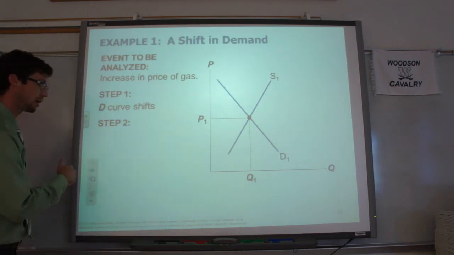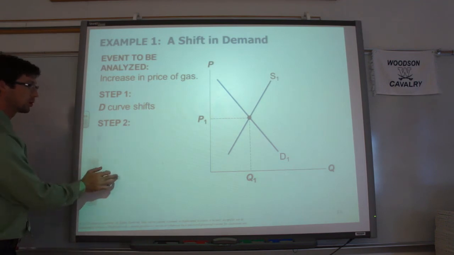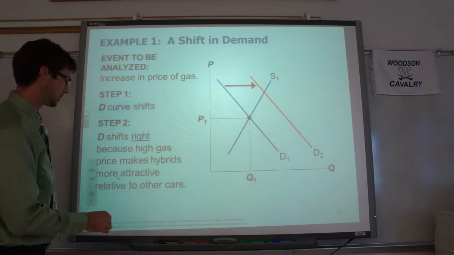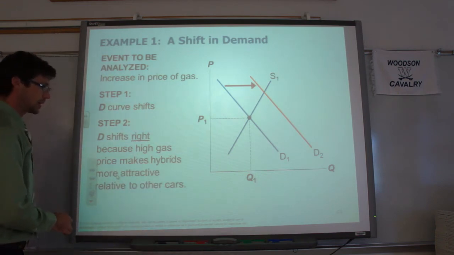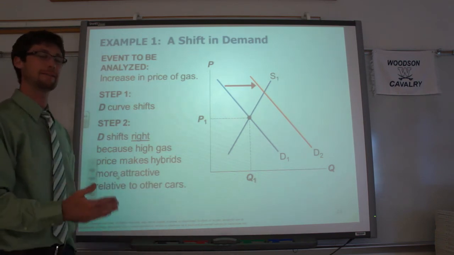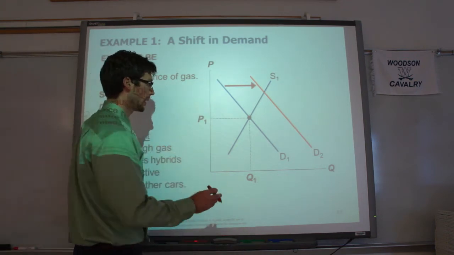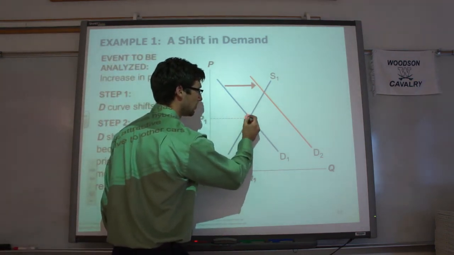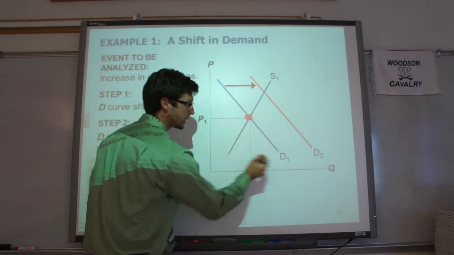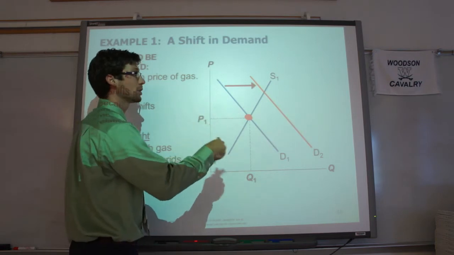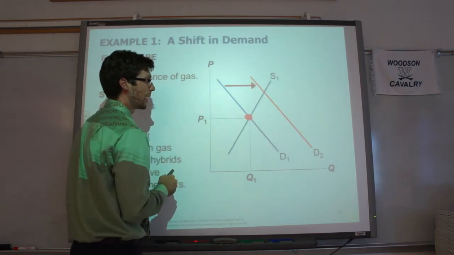So the next thing to do would be determine where this curve is shifting. We already established this. More people want these cars. So we find demand is going to shift right. It's going to increase. Now, the question is, how does this affect price and quantity? Here we go. Real quick. This is our original equilibrium, because that's the old tastes and preferences for hybrids and the production possibilities on the part of supply.